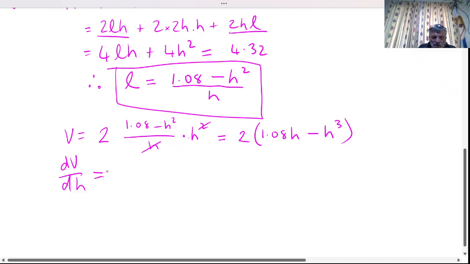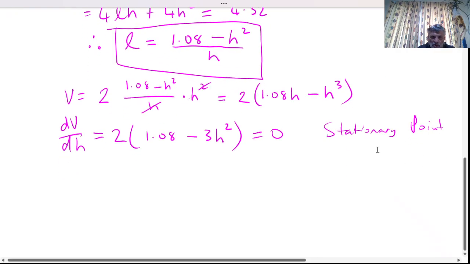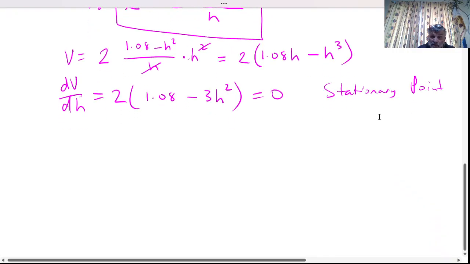dV by dh, so it's 2 times this linear term, we just get 1.08, and this term multiplied by the power, reduce the power by 1, and we want that to be 0 for a stationary point, which might be a maximum, might be a minimum, could be a point of inflection, but we need to investigate that at any rate.